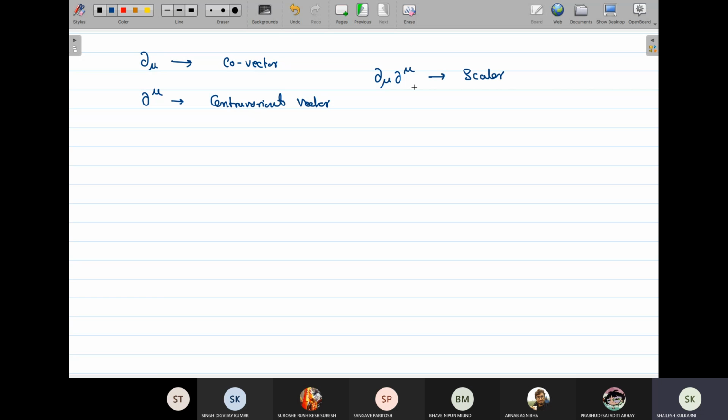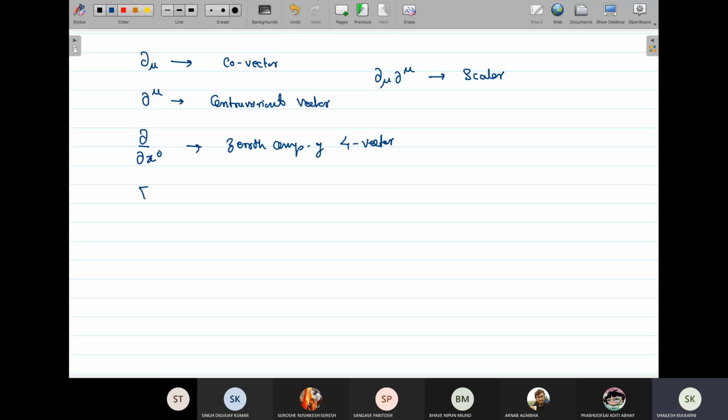You're comfortable with this notation now. So how will this quantity del x0 transform? This will transform like the zeroth component of a 4-vector, right?